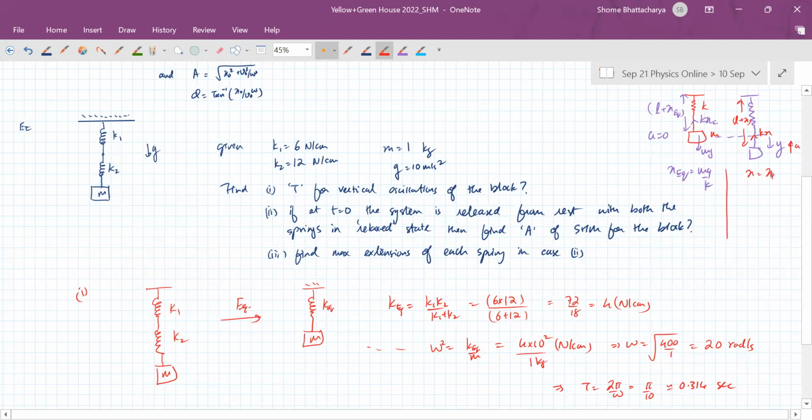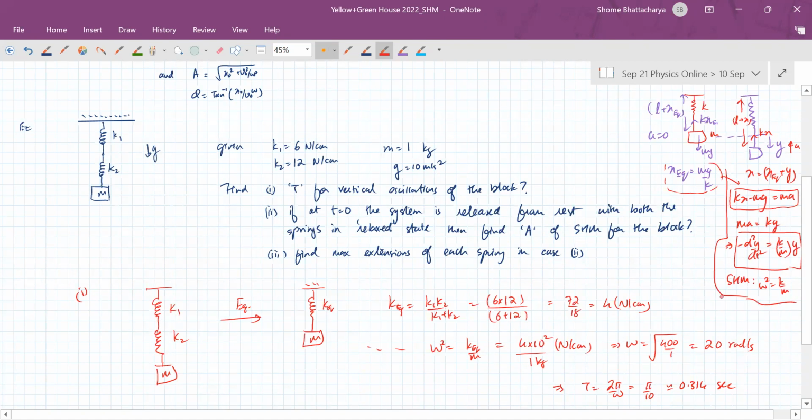When we solve this equation along with this, we get this SHM with omega square equal to k by m.